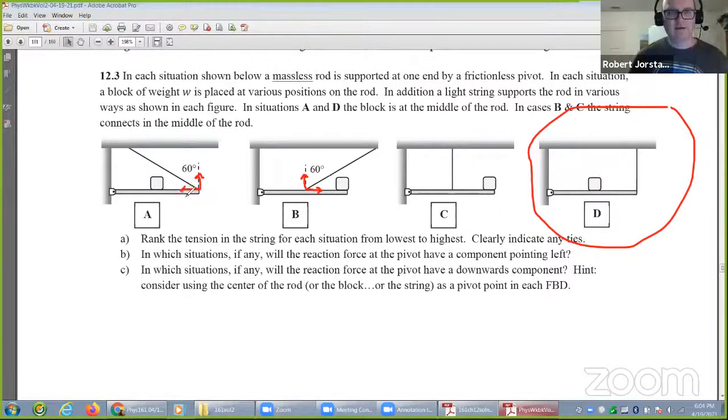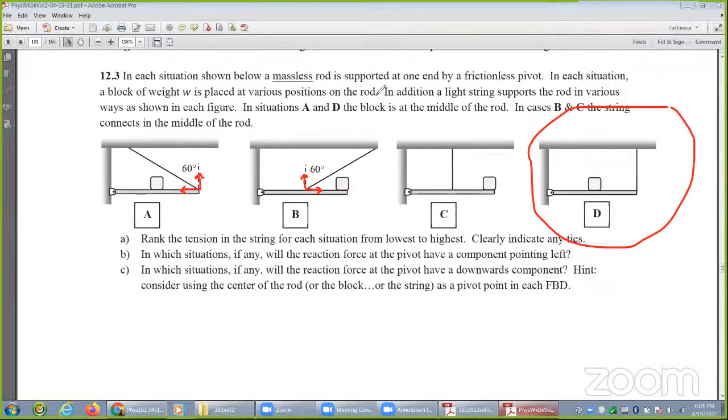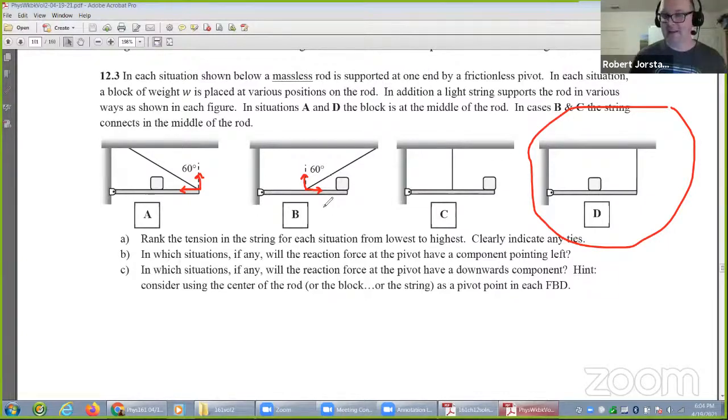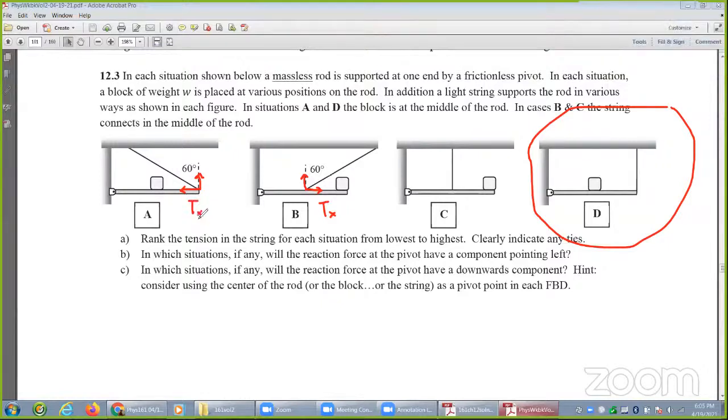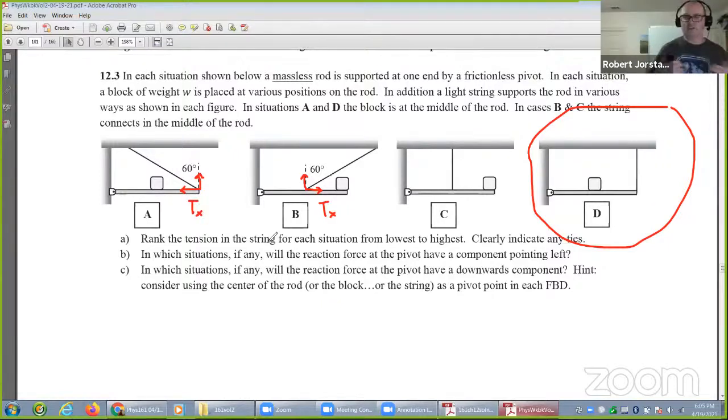You're on the right track, but it turns out you said it exactly backwards. Now, let me rephrase. If I said it like this, do you agree that TX can't help support the block? Yeah. TX and the pivot are pushing left, right.